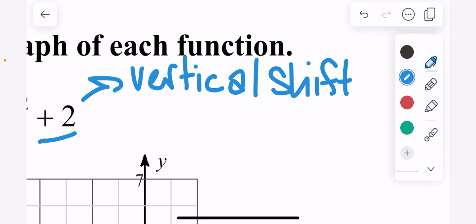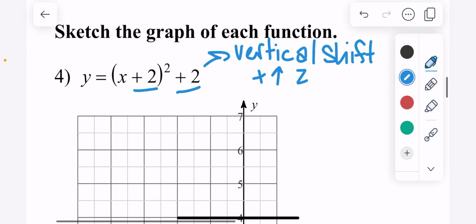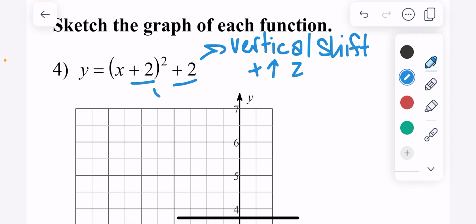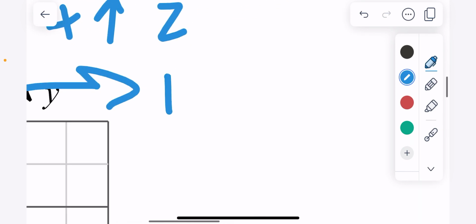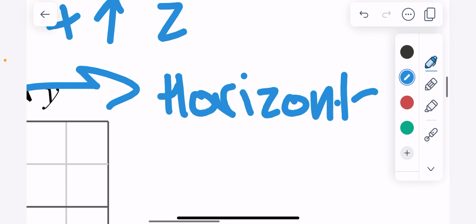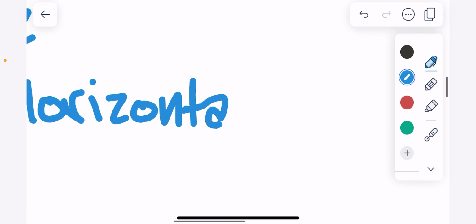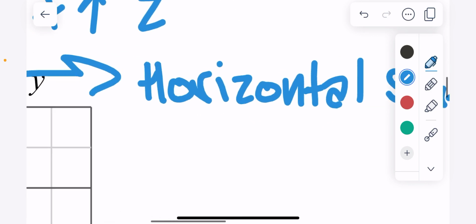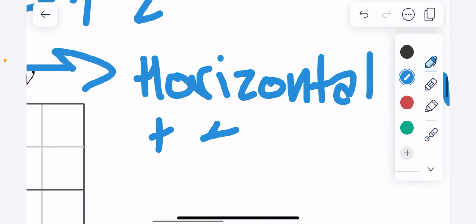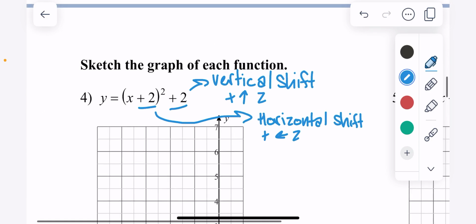And since it's plus, it goes up 2. The first one here is adding on the inside, so that is our horizontal shift. And remember how we said plus goes left? So plus is left 2 units.